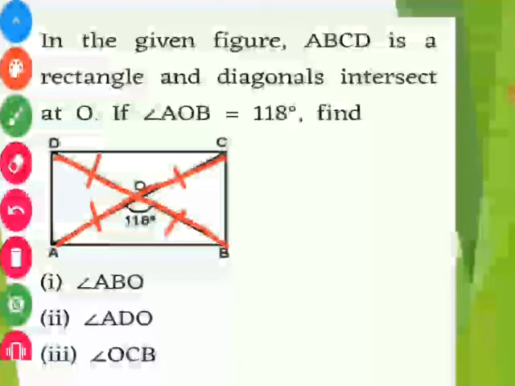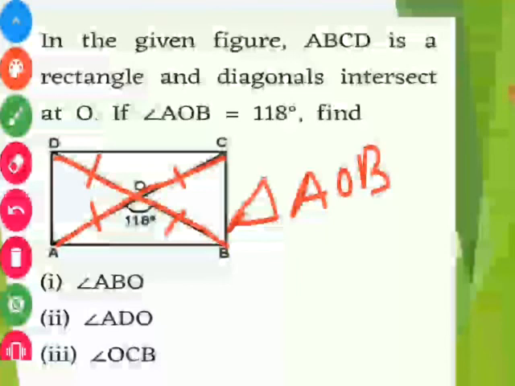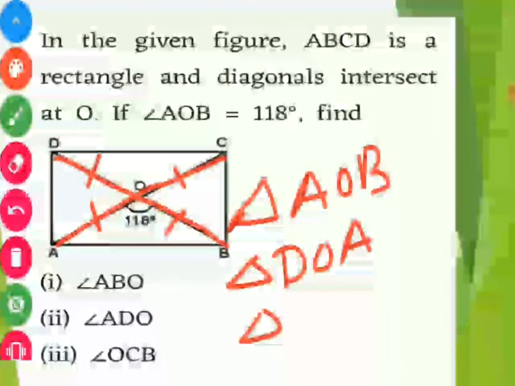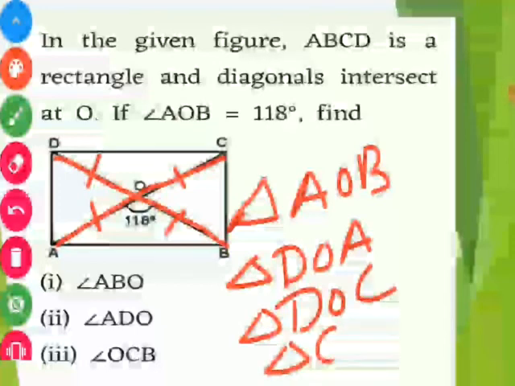So as you know, if these two sides are equal, then this triangle AOB which is formed here will be an isosceles triangle. Similarly, triangle DOA is also an isosceles triangle. Similarly, triangle DOC will also be an isosceles triangle. Similarly, COB will also be an isosceles triangle.